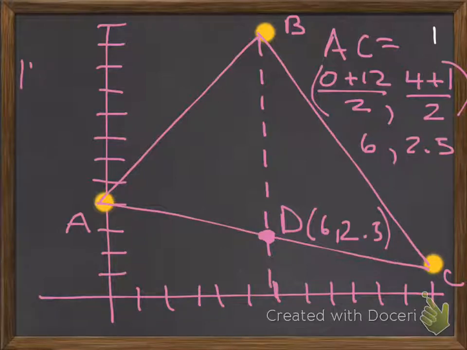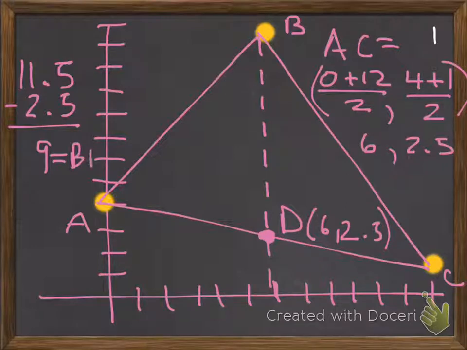So if we do 11.5 minus 2.5, that gives us 9. So the whole distance of BD is 9. And if I'm trying to do the centroid, I would take 2/3 of that, or you could even do 1/3 of that, and you could find the centroid.